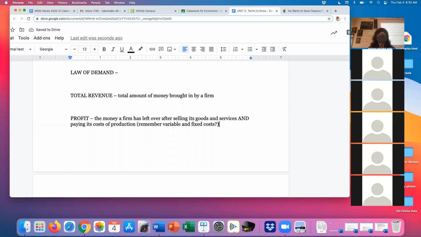So revenue, like I said, if I think at the end of the day, my sales in my restaurant in the food court, what I have in my cash register, that's my revenue for the day. That's the total money brought in, not my profit. The profit is after I've sold those things and then after I paid off my costs, right?